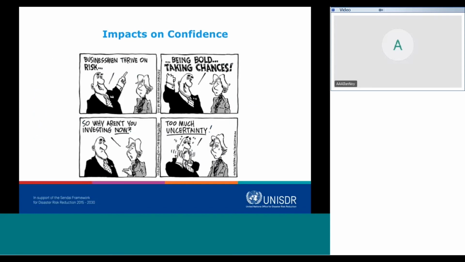Two last things I want to point out. Confidence is extremely important. The way that the affected community and the government react to the disaster is incredibly important in the long term, because based on that you will build confidence in the future, and we know that confidence matters a lot for economic trajectories.